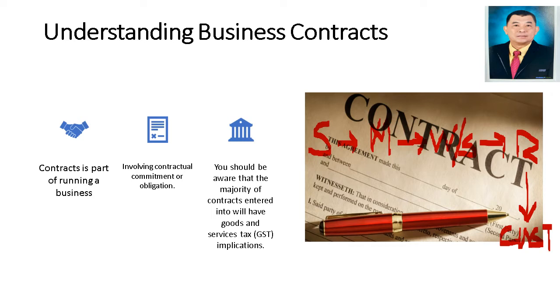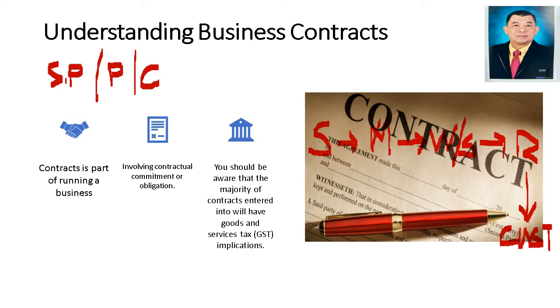Having a partnering agreement, let's say, for example, your business is a single proprietorship, or it could be a partnership, or it could be a corporation. So somewhere along the line, you will have an agreement or a business contract. Or maybe a joint venture or a consortium.